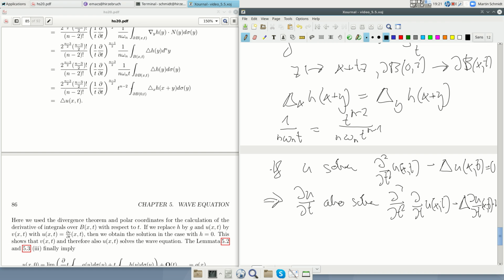Now to finish the proof, we need only to show that the initial values are the correct ones.